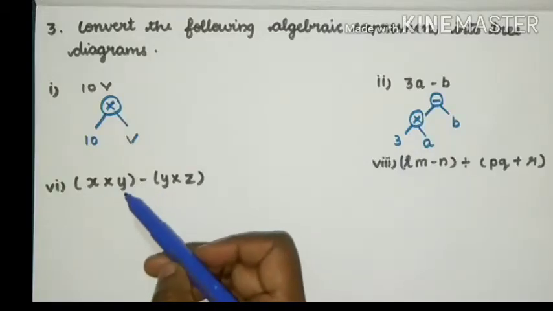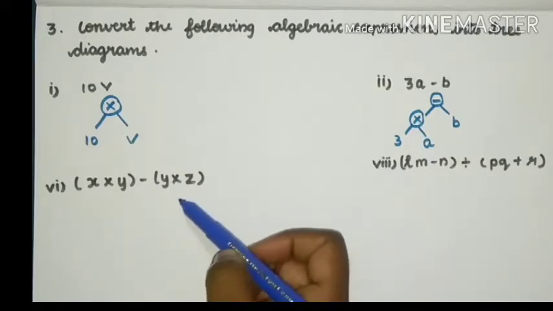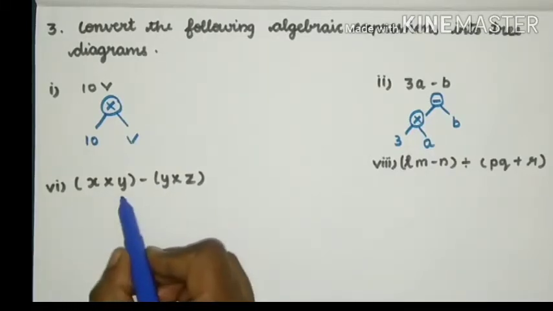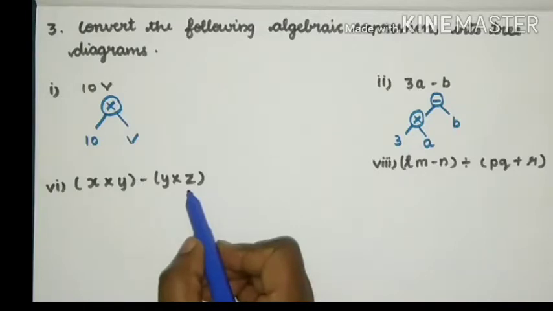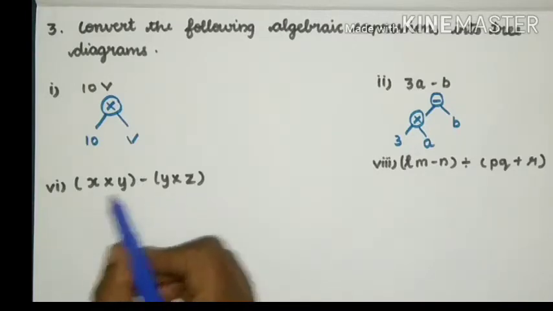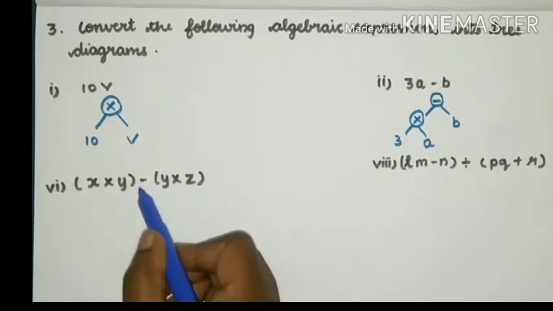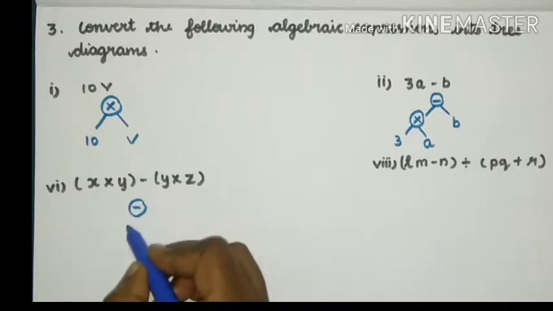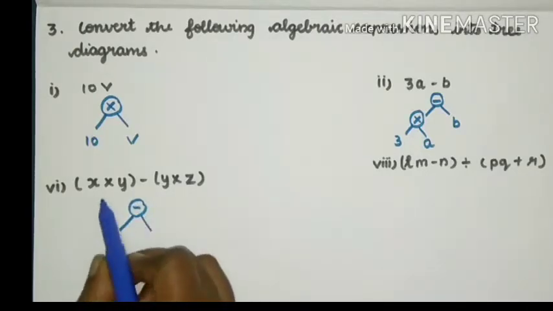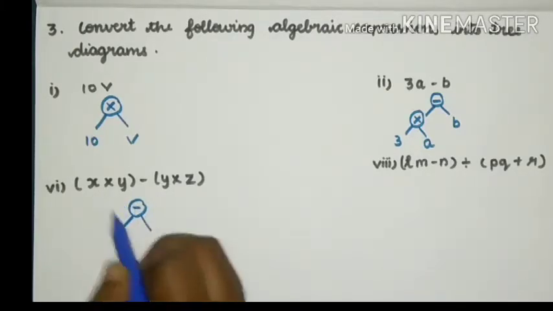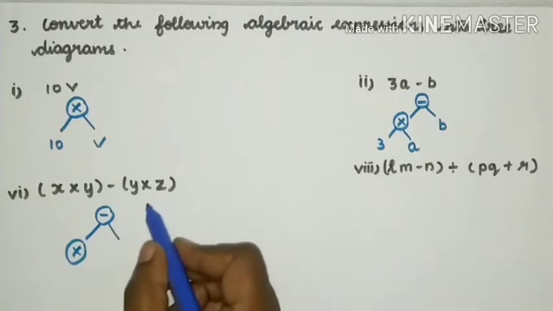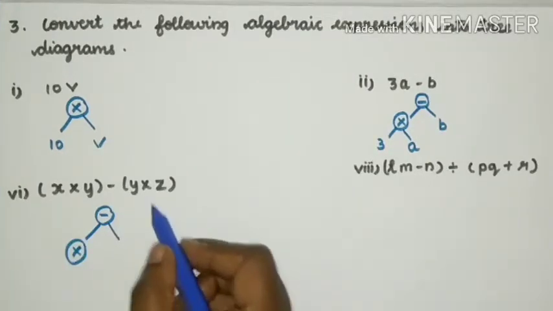Sixth sum, x into y minus y into z. Consider this bracket as the first term and this bracket as the second term. These two terms are connected with the operation subtraction. Then the first bracket is connected with the operation multiplication. The second bracket is connected with the operation multiplication.